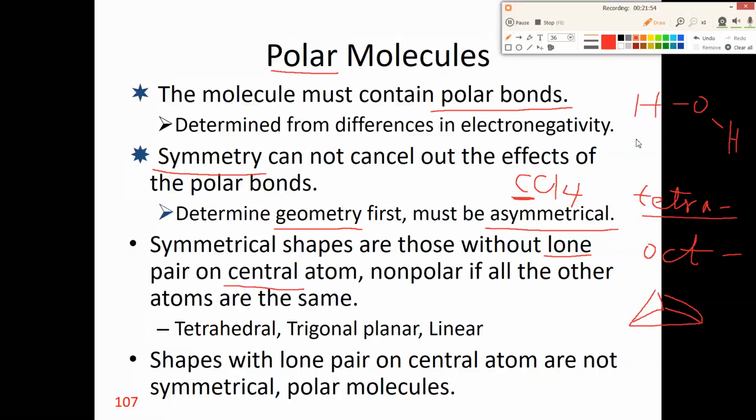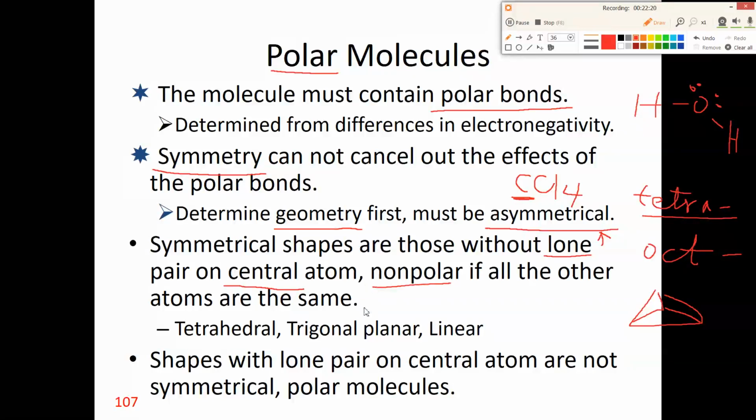However, water is polar because on the central oxygen there are two lone pairs. So we can figure it out this way. Whichever one has a lone pair of electrons on the central atom, those are asymmetrical. With a lone pair, those are asymmetrical.